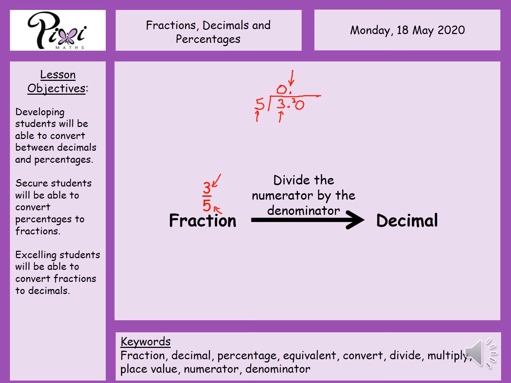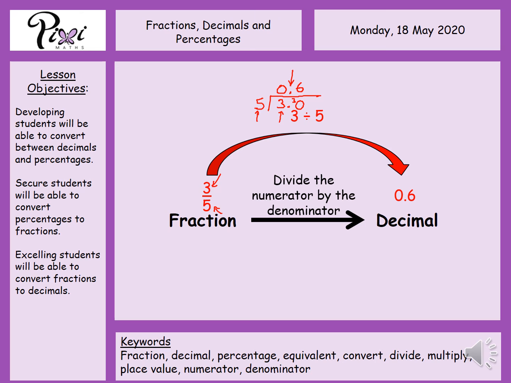Now we look, how many times does 5 go into 30? Well, 5 goes into 30 6 times. It goes in exactly, there's no leftover, so we don't carry anything. So our answer, fraction to decimal, is 0.6.